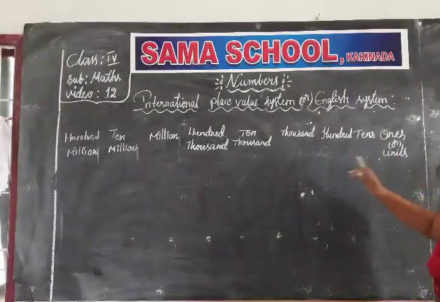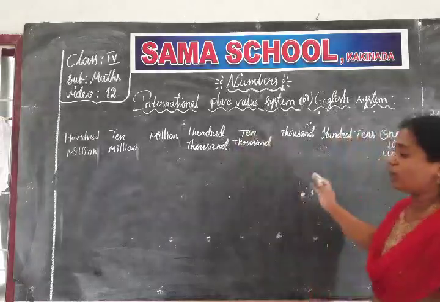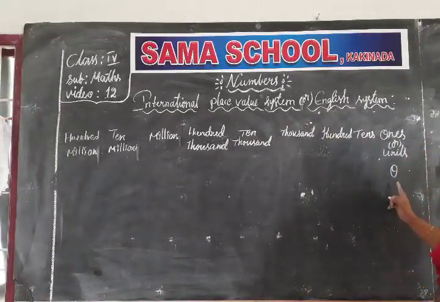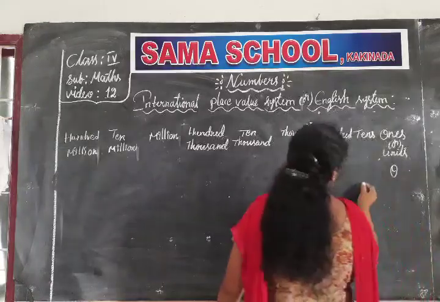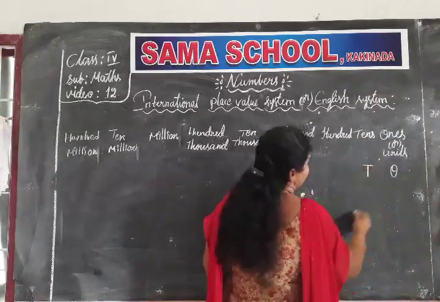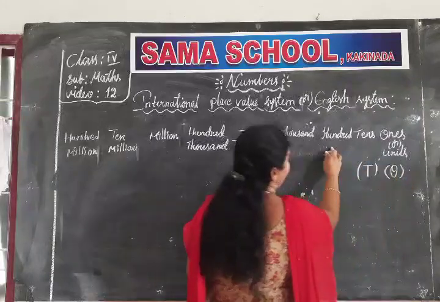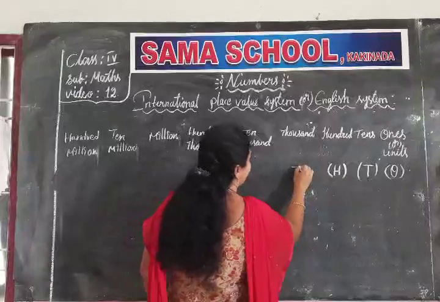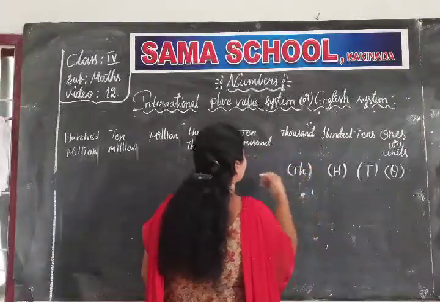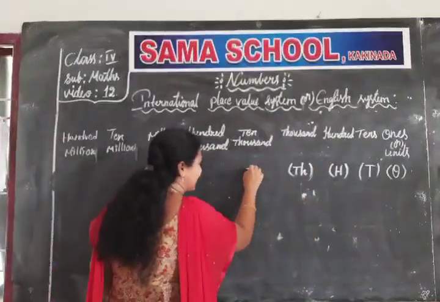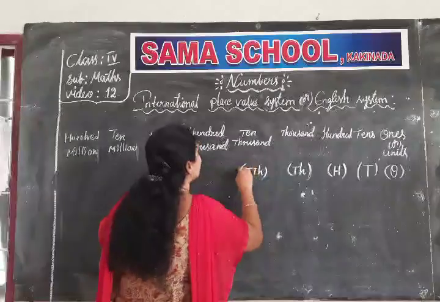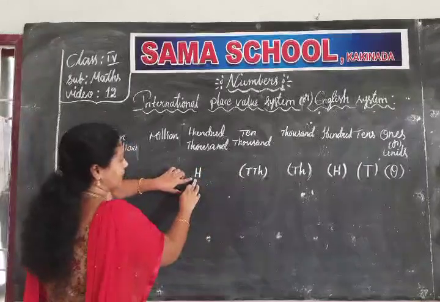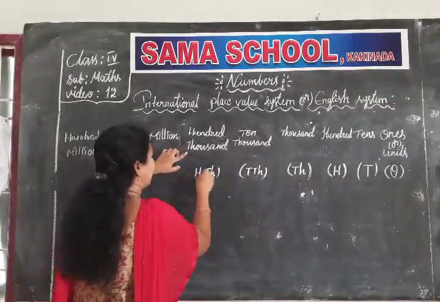All these places are denoted by letters. Ones or units are denoted by the letter O. Tens by the letter T. Hundreds by capital H. 1,000 by TH. 10,000 by TTH. 100,000 by HTH.